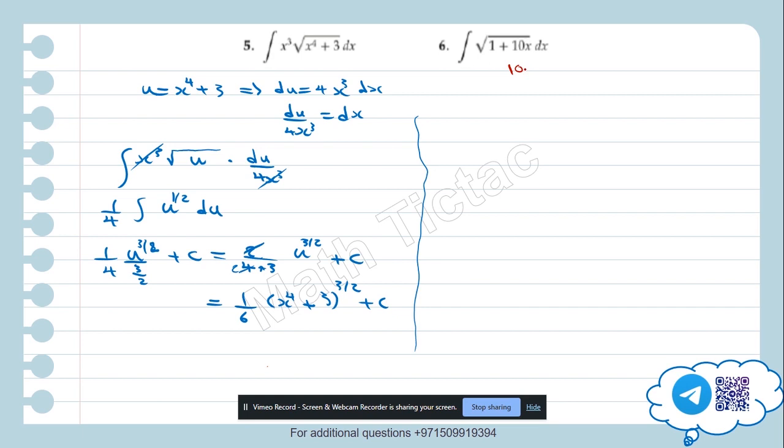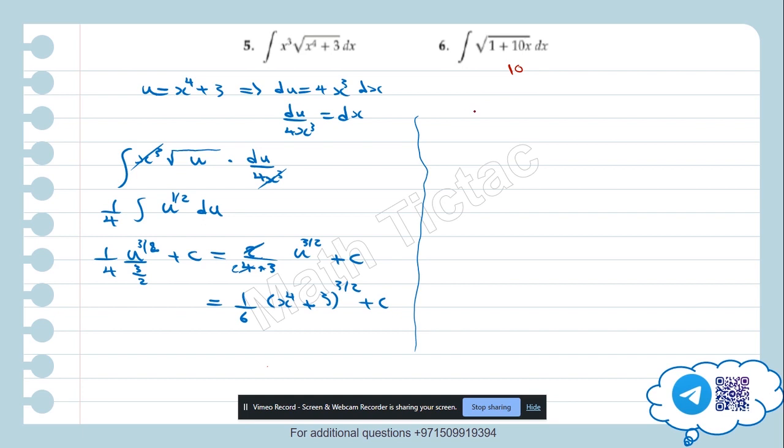So we have 10 multiplied by 1. We don't have any constant outside, which means it's 1 only. So we can say that the derivative of this function does exist outside, as a constant.